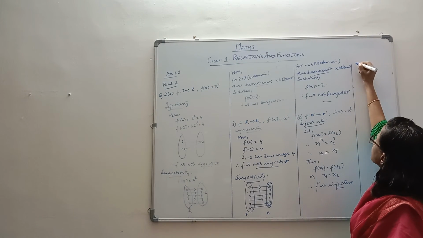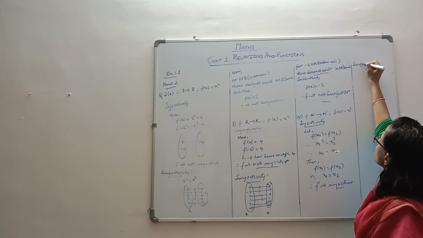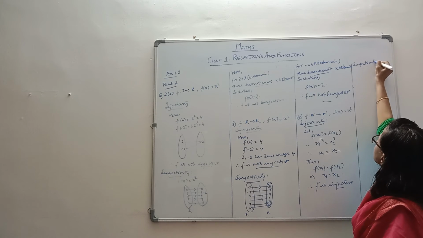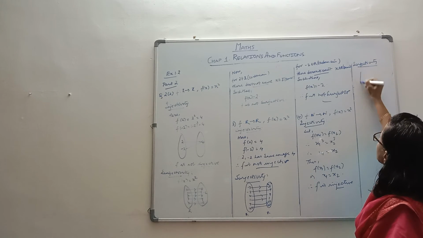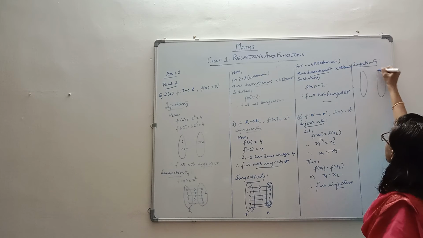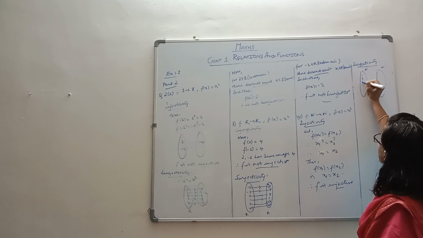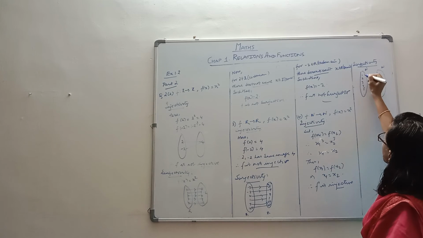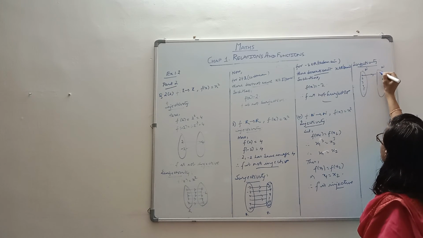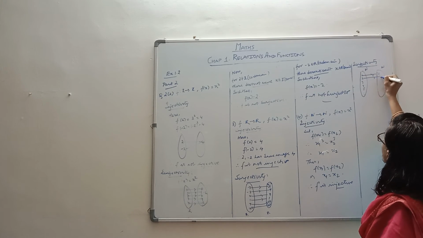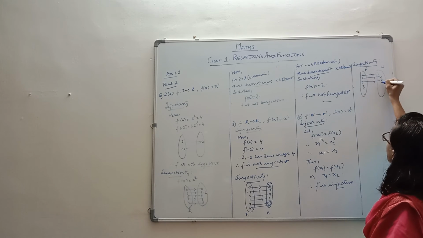In surjectivity, first let's understand how this function is. We are taking this from naturals to naturals, right? So that means we start with 1, 2, 3, 4, 5 and so on. So 1 goes to 1, 2 goes to 4, 3 goes to 9, 4 goes to 16.